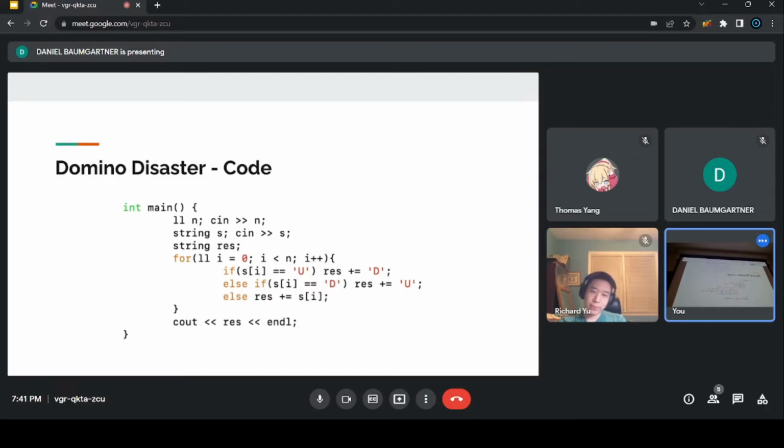I think apart from that, those are the only main differences. Otherwise, it should be fairly readable if you're familiar with code. And maybe one more thing is that you can chain your inputs together. So you could have defined your string before reading in n, and then done cin, the arrows, n, and then before writing a semicolon, done also the arrows s, and that would have read in n and then s.